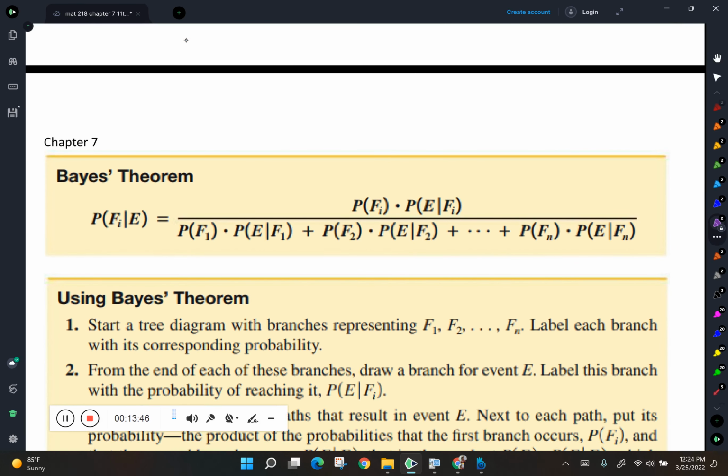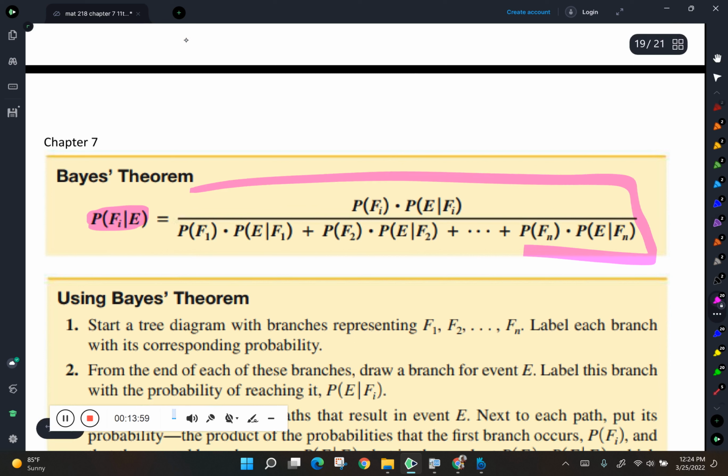Bayes' theorem says that if you have a conditional probability that you wish to have calculated, to find that, you have to do this formula right here.